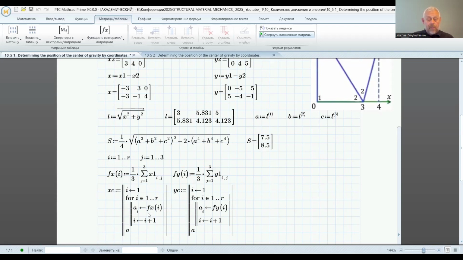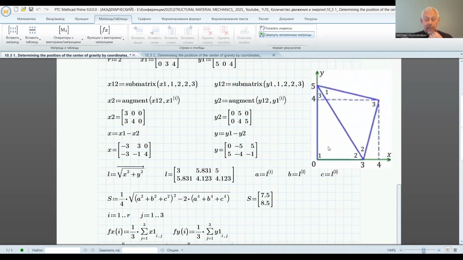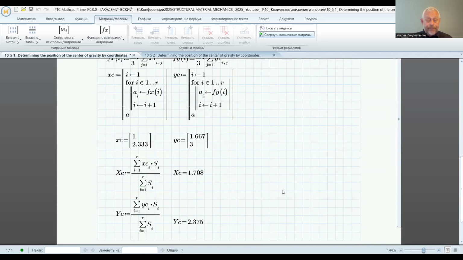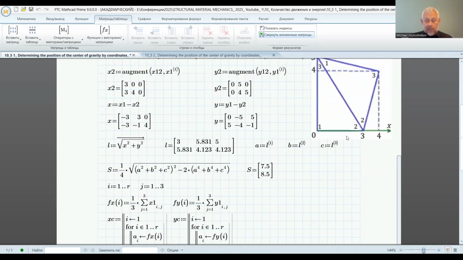Okay, and after that we have the abscissas and ordinates of the centers of the area of the two triangles of the subdivision of the originally assigned four-angular figure. We can find the center of the area of the complex assigned figure.